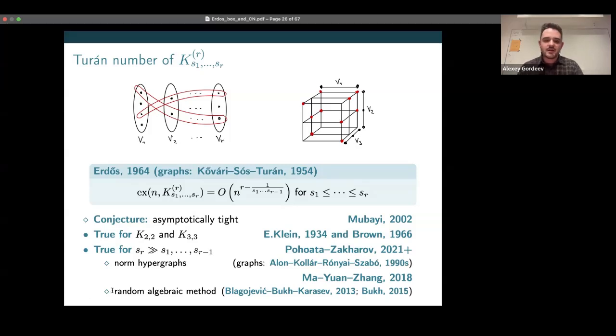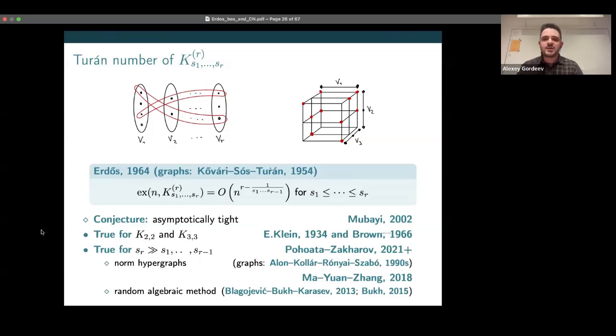But this method combines some algebraic structure with some probabilistic arguments. And it's interesting that it gives a tight bound asymptotically, because usually probabilistic arguments in this extremal setting give some bounds which are far from the best upper bound people know. Okay.